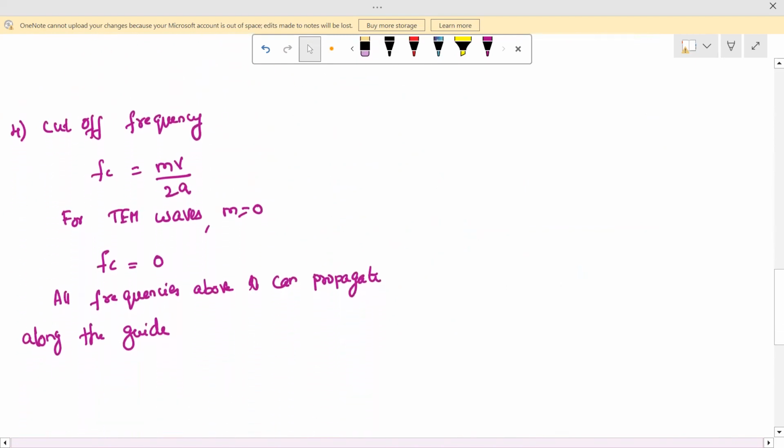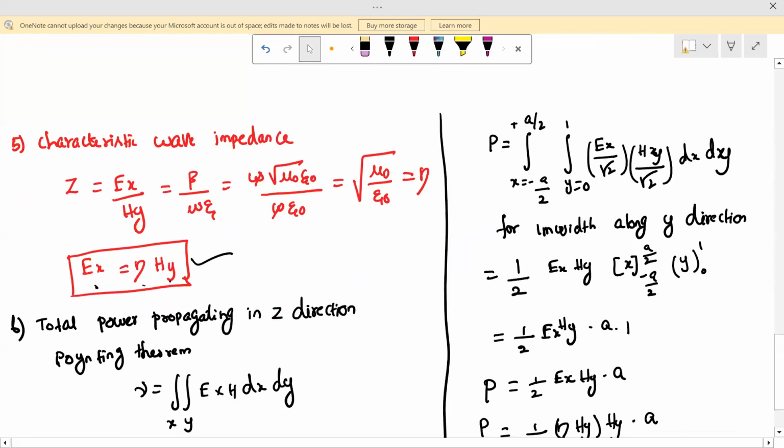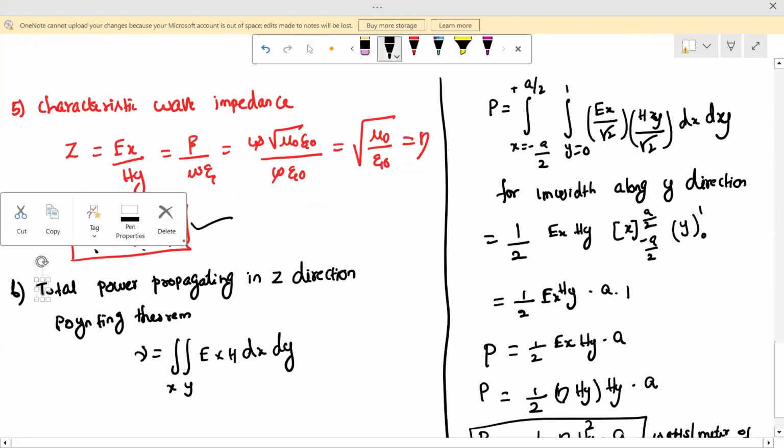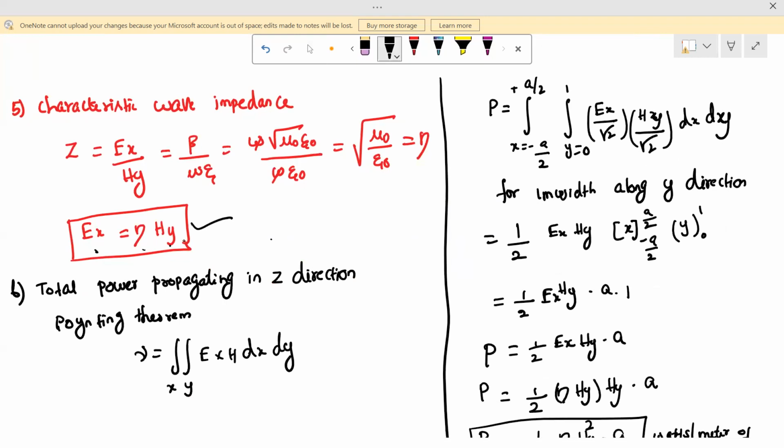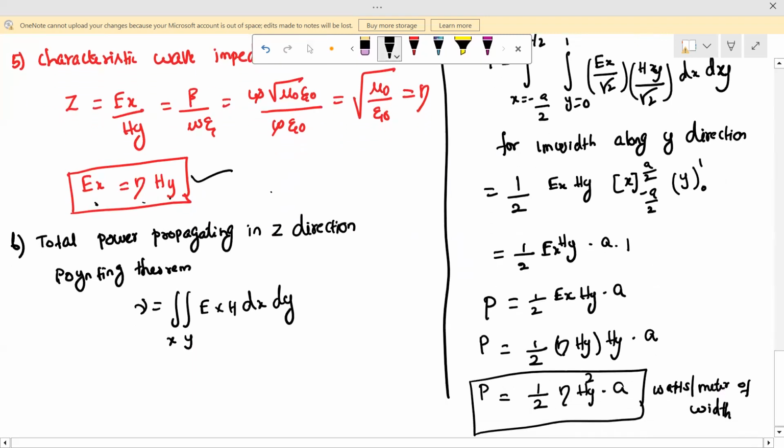Cutoff frequency is 0 because m is 0 here. The characteristic wave impedance is Ex equal to eta into Hy. Finally, we calculated the total power propagating in the z direction, given by 1 by 2 eta Hy square into a. Hope you understood this. Thank you.